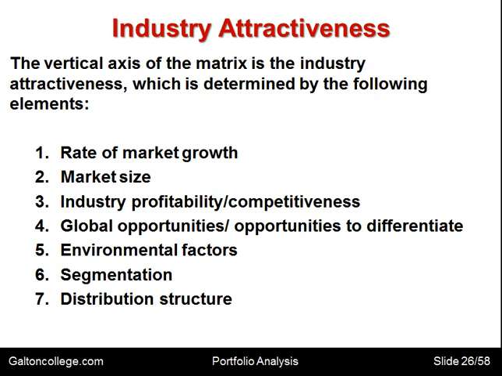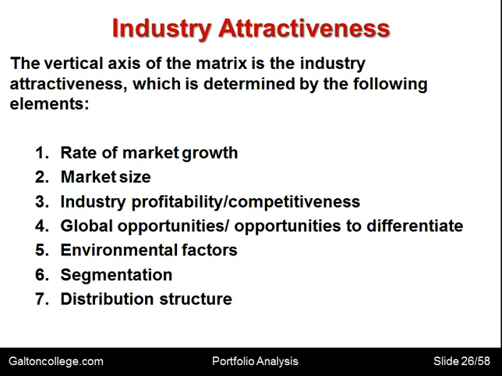So if the product is currently being sold to the 20 to 30 year olds, could it be also sold to the 50 to 60 year olds? Perhaps with some modification.